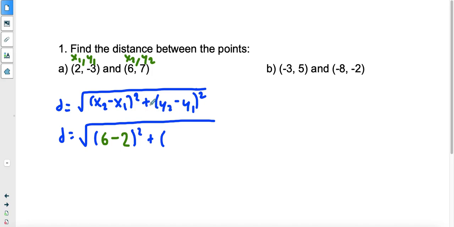Then I'm going to take the change in y squared, so 7 minus -3. Again, all I'm doing is plugging my points into my distance formula to find the distance.